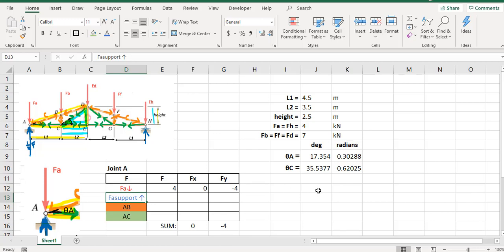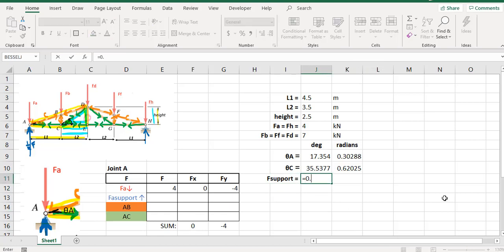Okay, the force at the support. We have to figure out what this is. So I'm going to make another one here, F support. And that is going to equal half of everything added up. So that's going to equal 0.5 times FA and FH, so these are the two guys at the very end.